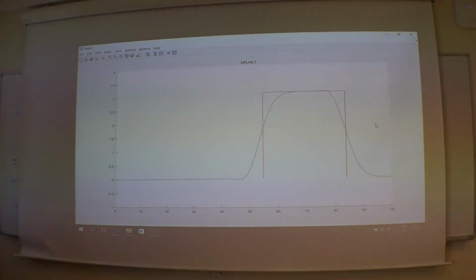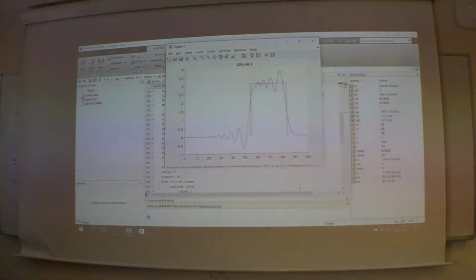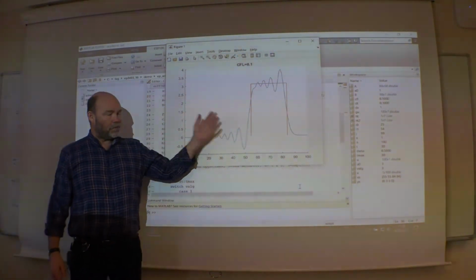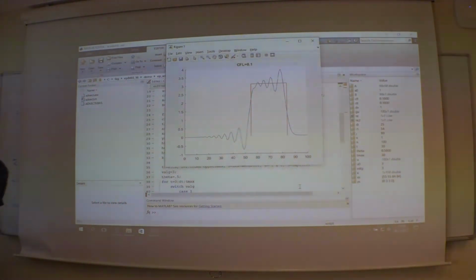You can try a lot of different schemes here. The Lax-Wendroff scheme wasn't that nice either. So it is very hard to find a correct solution for this very simple advection equation. The fully implicit scheme, yes, it works and it's stable, but it's not accurate anymore.